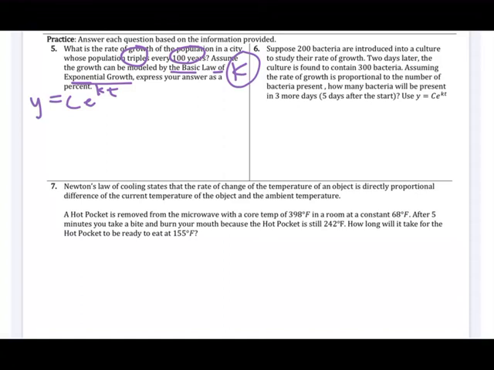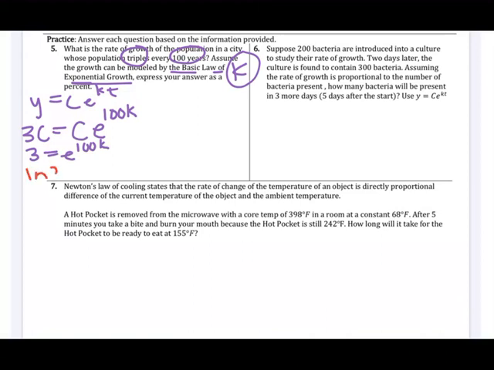So let's plug in what we know. We know that 3 times the initial population is equal to that initial population times e to the 100K, because it says 100 years. Not sure that anyone was alive long enough to be around for this whole tripling effect. I'm going to divide both sides by c, so I'm going to get 3 equals e to the 100K. How do I get my variable out of the exponent?